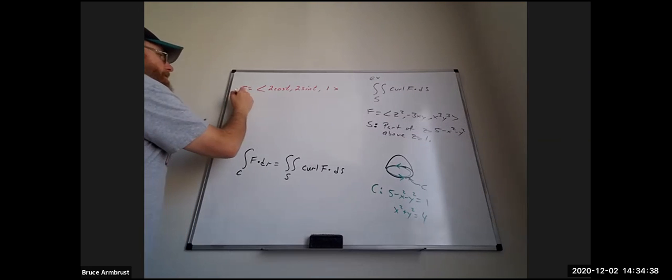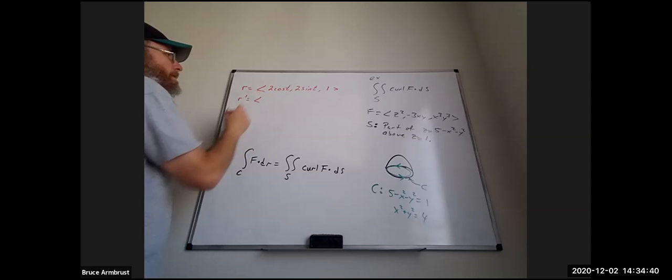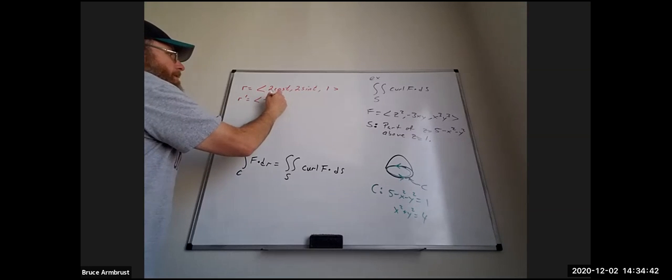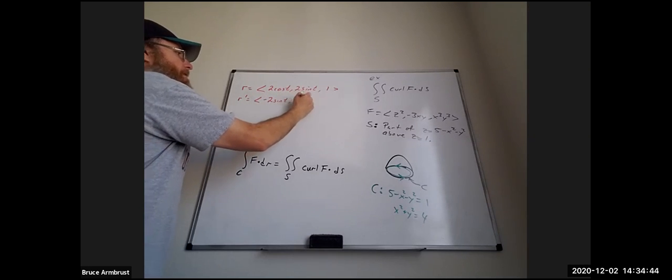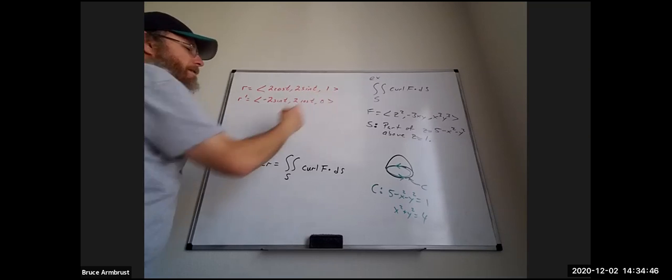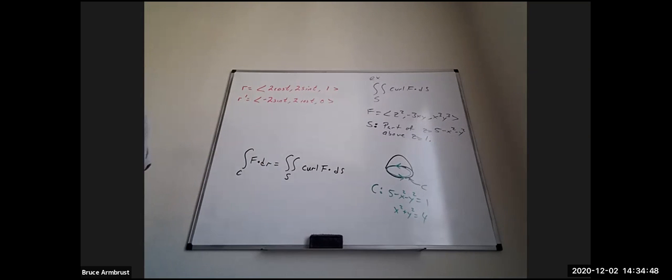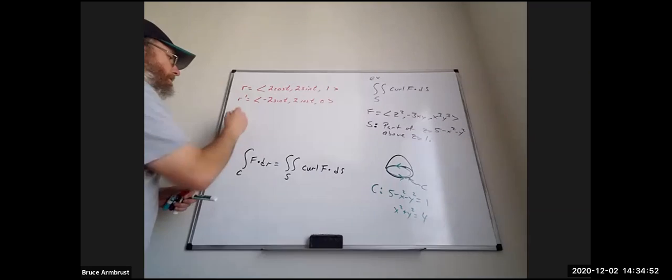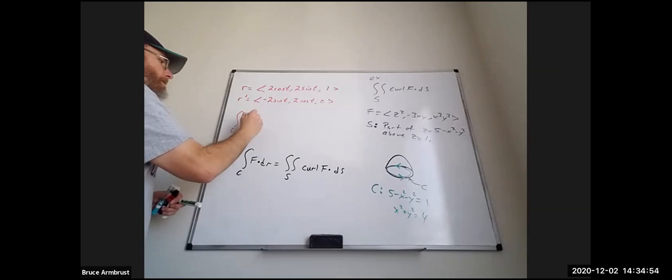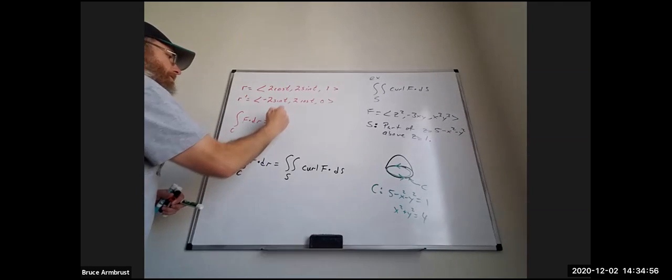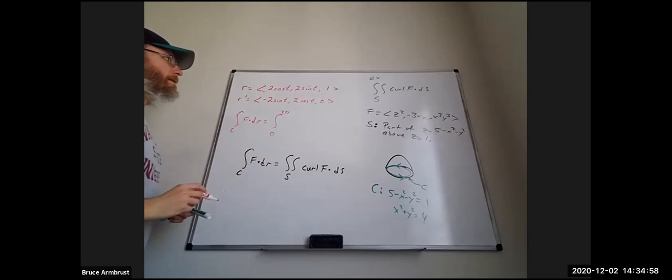All right, so for the line integral, we need an r prime. Well, that's minus 2 sine t, 2 cosine t, 0. And then for that line integral, this is now going to be the integral from 0 to 2 pi.